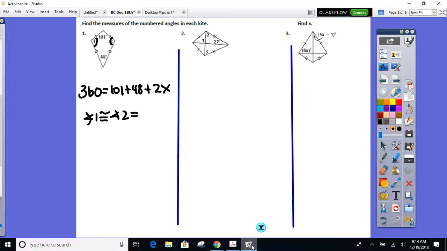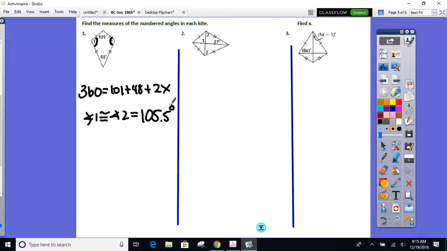Really? What are we adding up here, Grace? 101 plus 48, and then subtract it from 360, divide by 2. 105.5 degrees. Yep. Good. Everyone else, all right.